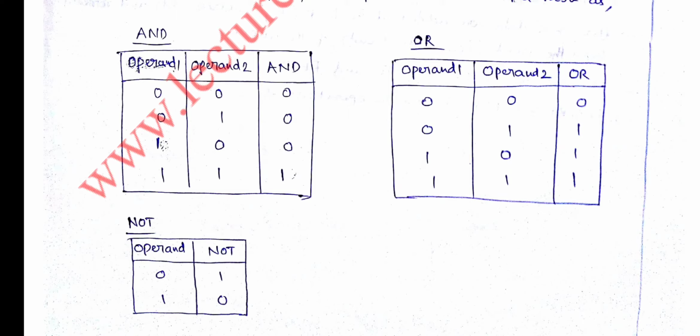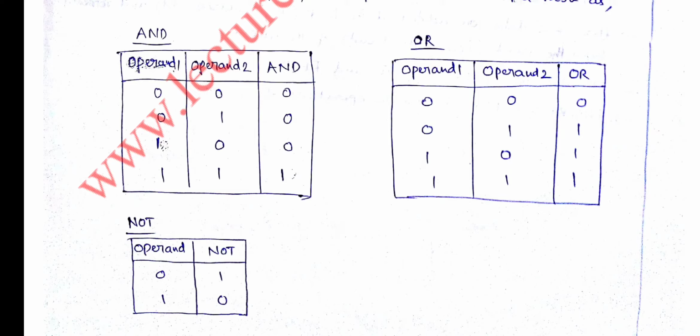Next, OR. OR says either, means any one. 0 0 gives 0, 0 1 gives 1, 1 0 gives 1, 1 1 gives 1. OR means if any one of the operands is true, then it is true. Once again, AND means A and B, both are true, then only it is true.